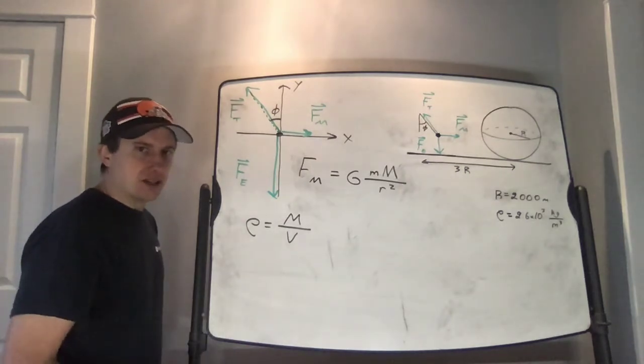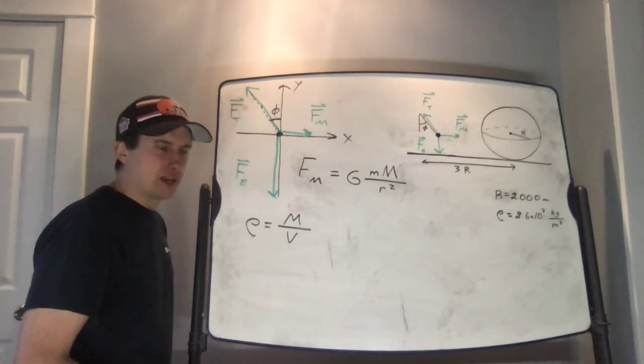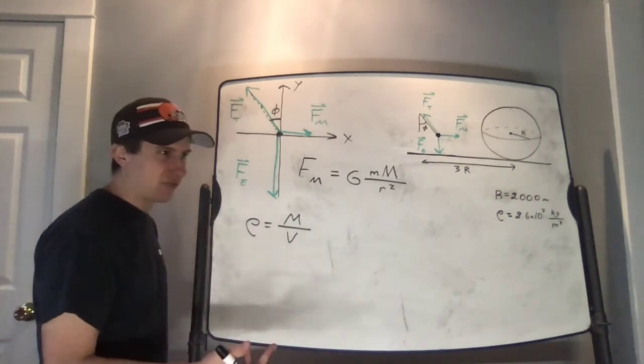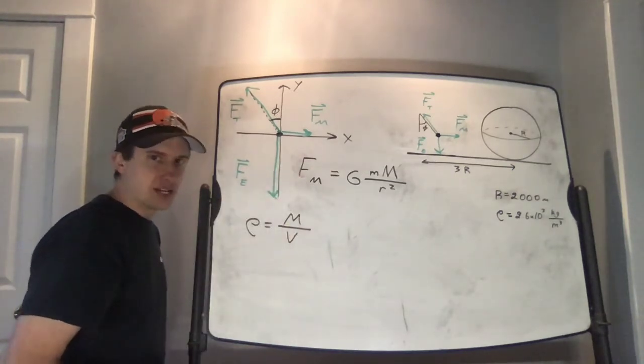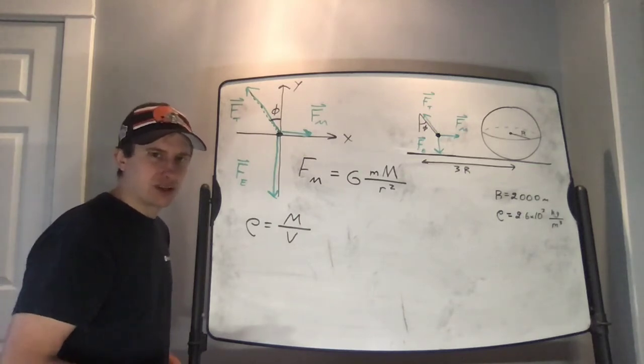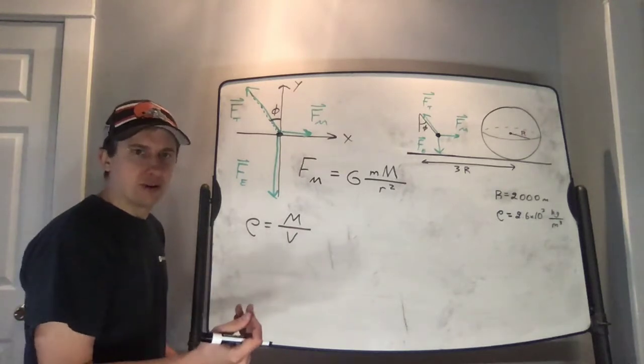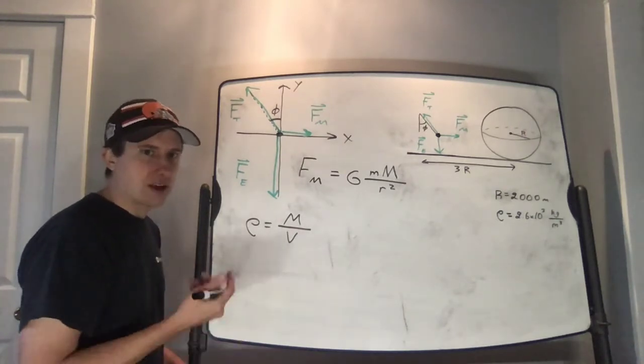We are not given the volume of the mountain directly, but we are told that you could approximate the mountain as a sphere of radius 2,000 meters. So if I go to Wikipedia or a textbook cover and look up the volume of a sphere, I would see the volume of a sphere is 4/3 pi r cubed.